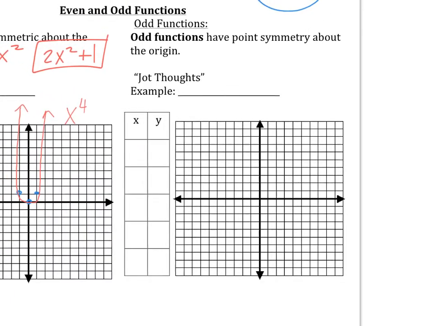Now, can you think of odd functions that have the origin as the point of symmetry? So we just realized that the cubic function is an odd function. So any cubic function that goes through the origin would be an odd function. But it's only x to the power 3. What else could be an odd function as well?